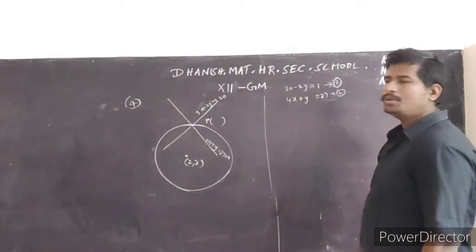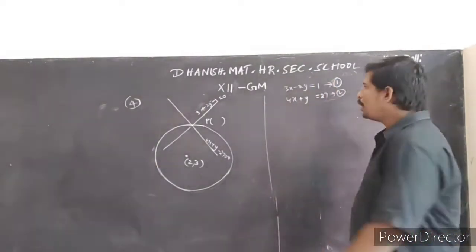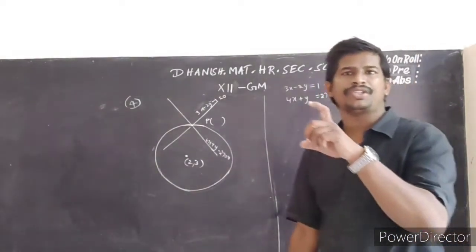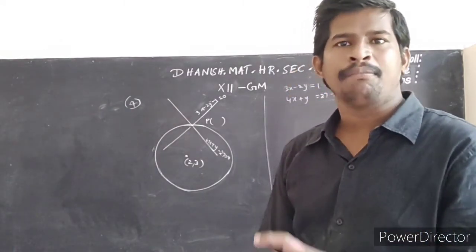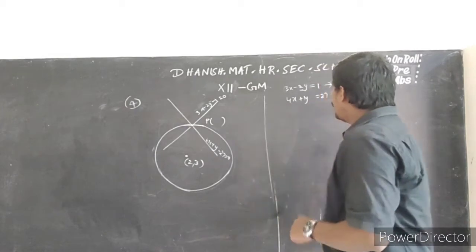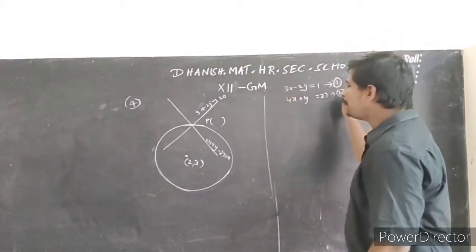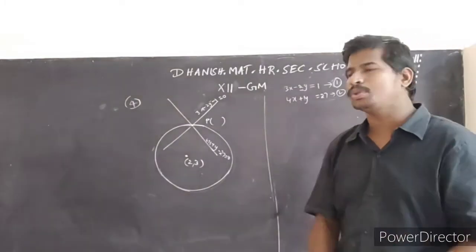Here I am going to eliminate y. To eliminate y, the coefficient of y should be equal. Here our coefficient is 2, and in the second equation the coefficient of y is 1, so I am going to multiply the whole equation 2 by 2.